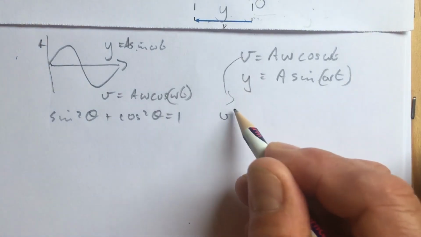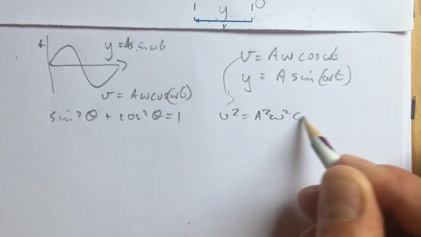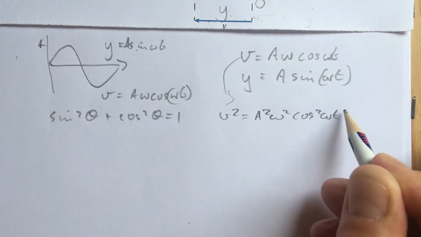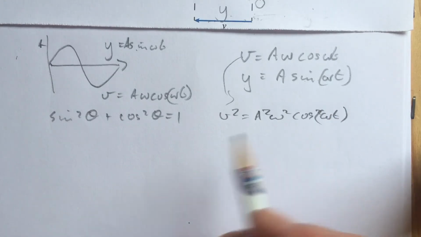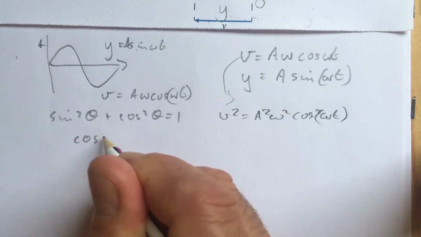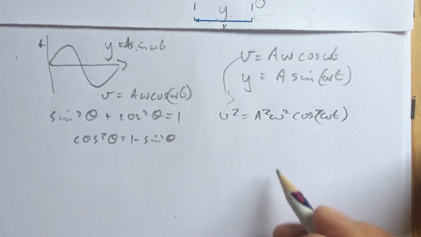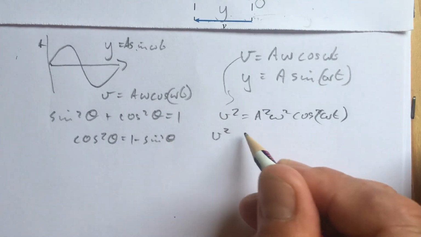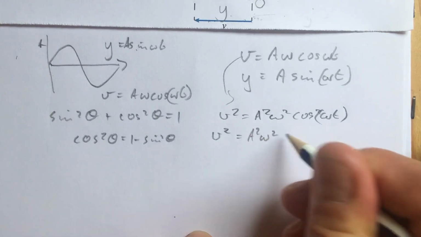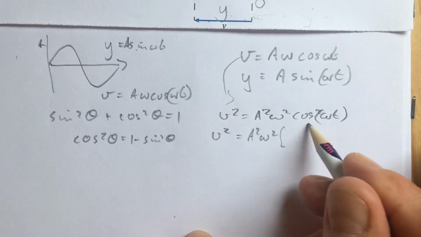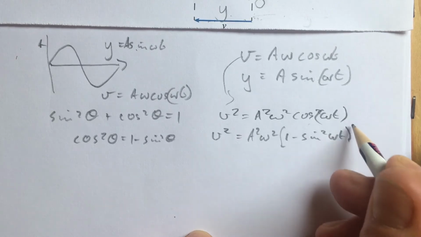If we square that equation for speed, v squared equals a squared omega squared cos squared omega t. Then for the cos squared omega t, if we use the trig identity cos squared theta is 1 minus sine squared theta, we can say that v squared is equal to a squared omega squared times 1 minus sine squared omega t.